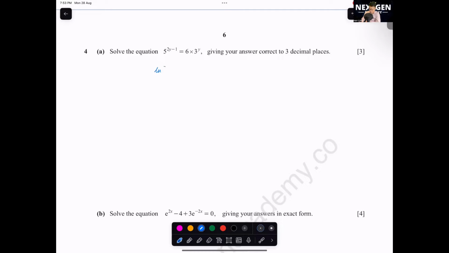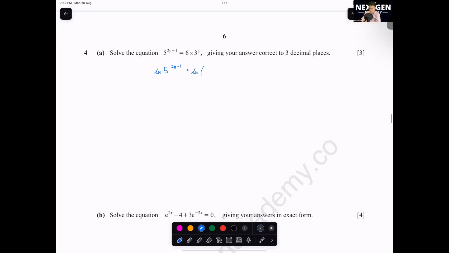ln 5 to the power of 2y minus 1 equals ln of 6 times 3 power y. I'm going to bring the power down first, using the power rule. (2y minus 1) ln 5 equals ln 6 plus ln 3 to the power of y. Bring down the power again: y ln 3.